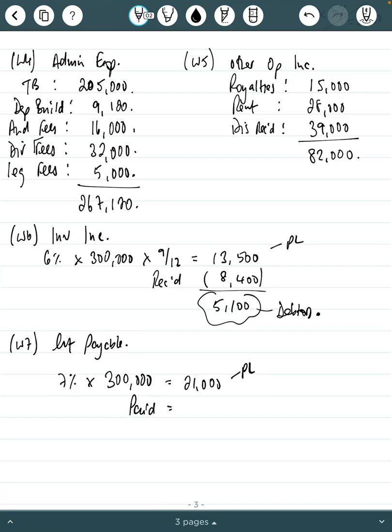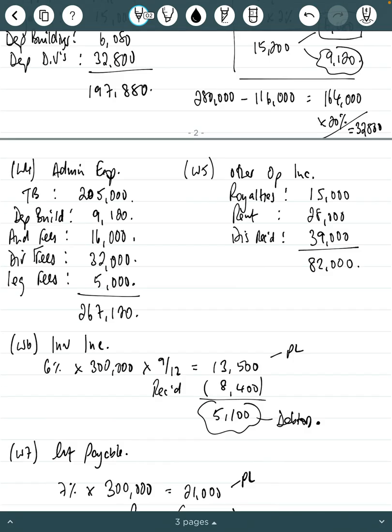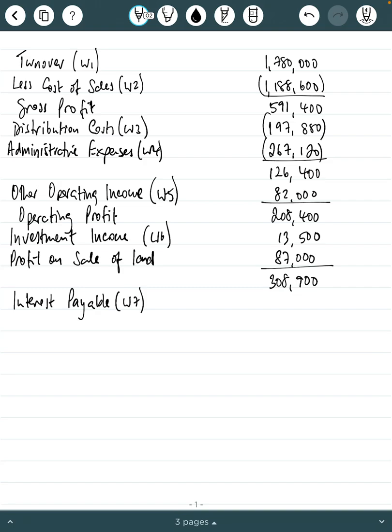The last entry there was 13,300. So that leaves you with 7,700, and that goes into other creditors in your balance sheet. We'll deal with those later. So your interest payable was 21,000 euro. Now you take that 21,000 away and we get 287,900.